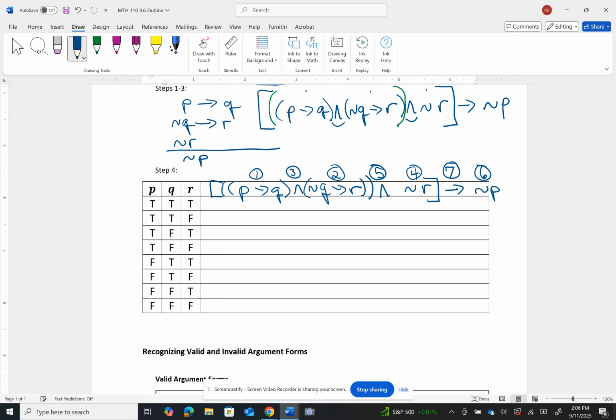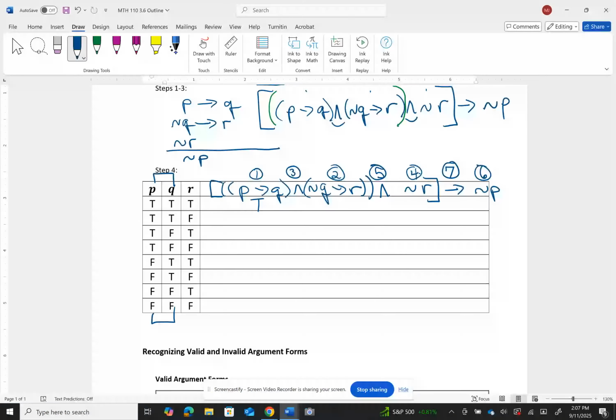Which will be right there. So with P implies Q, that one has the P and the Q in the correct order, and in the order the P and the Q statements are. So I'm just going to look at the P and the Q columns while I'm thinking about the broken promise.